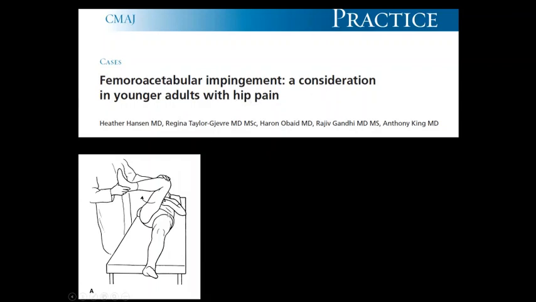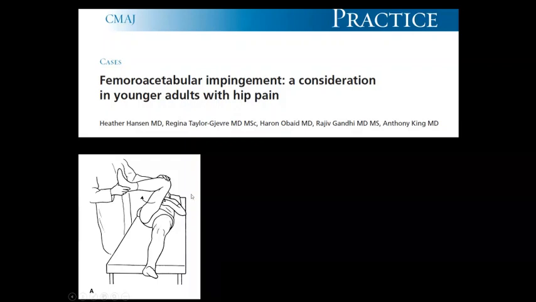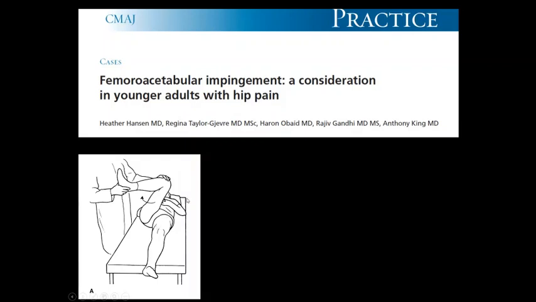And what we recommended in this article is that if a young patient presents with hip pain, always test the hip joint for femoroacetabular impingement by performing flexion, adduction, and internal rotation of the hip joint.